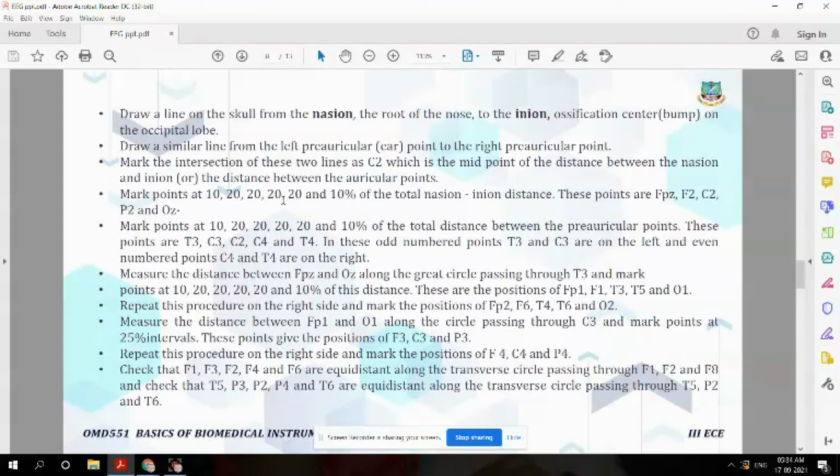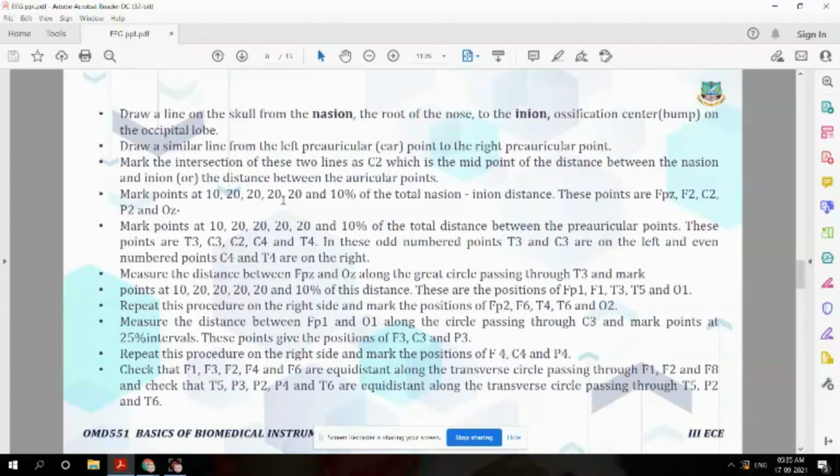So next step, we measure the distance between FPZ and OZ. From that distance, we draw a circle passing through T3. Based on the circle, on the left side we fix FP1, F7, T3, T5, and O1, and on the right side we fix FP2, F8, T4, T6, and O2.